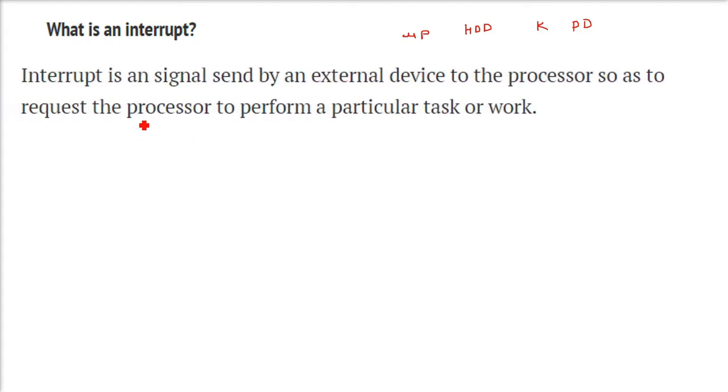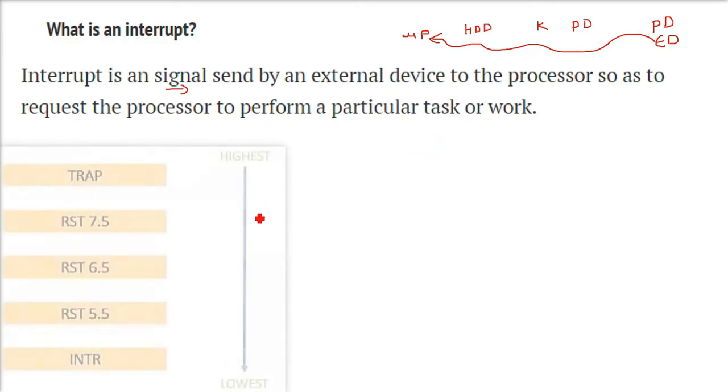This is known by an interrupt. So an interrupt is basically a signal which is sent by any external device, you can call it a peripheral device, to the processor so as to request the processor to give some information or to perform a particular task or job.